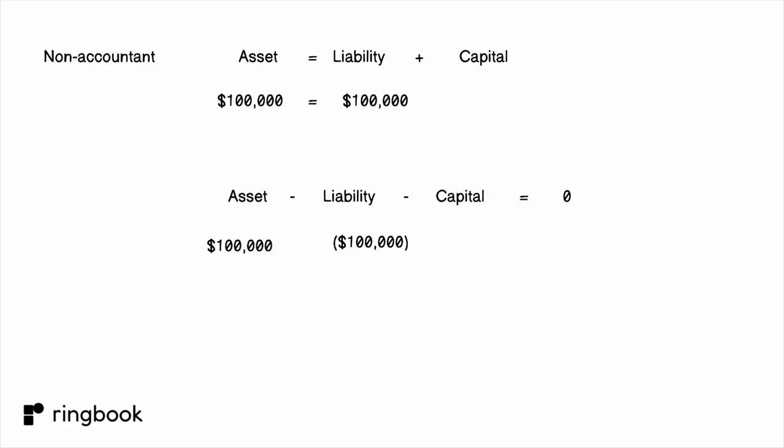And we assume capital is 0. In accounting mode, we represent negative figures in brackets. So plus 100,000 minus 100,000 is equal to 0.